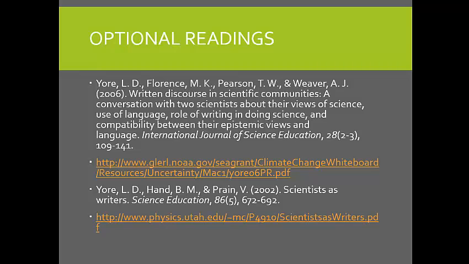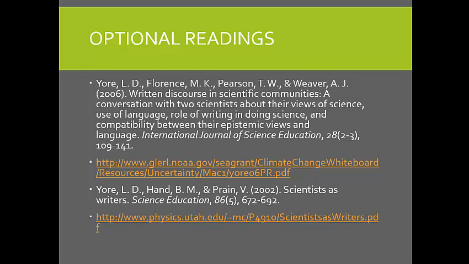So if you're interested in reading more about how scientists use writing, these two articles might be a good jumping off point. They both have the same primary author, and one is about written discourse in scientific communities, and it's a conversation with two scientists about their view of science, the use of language, the role of writing in doing science, and the compatibility between their epistemic views and language. And so there's a lot more in there.